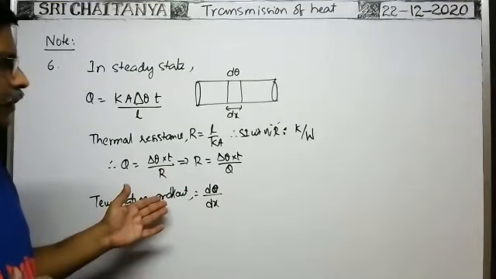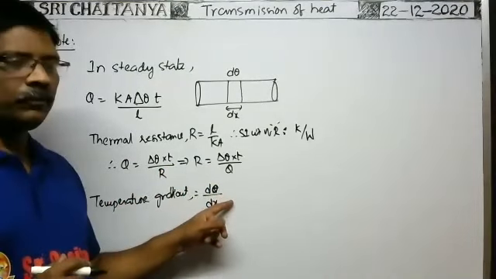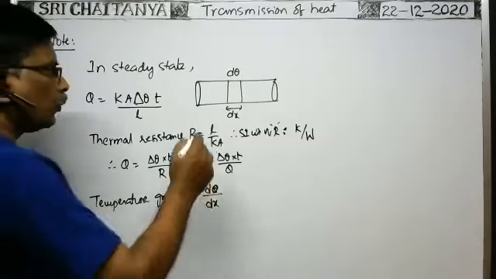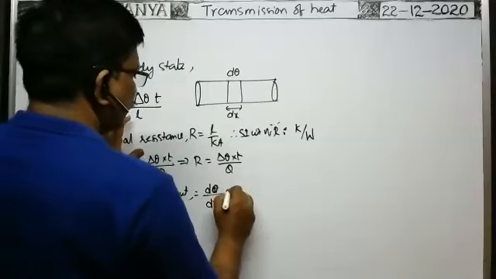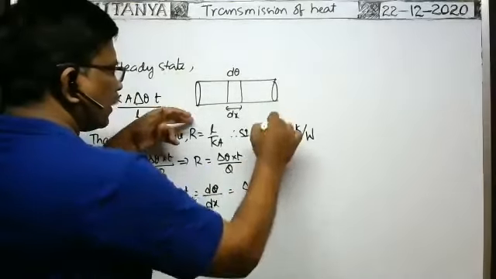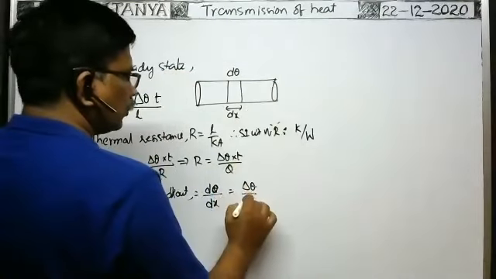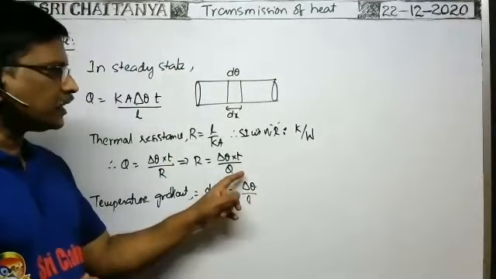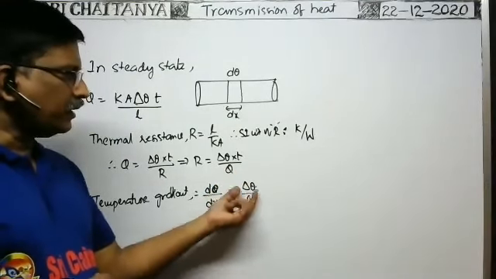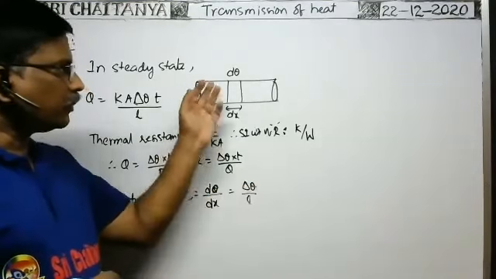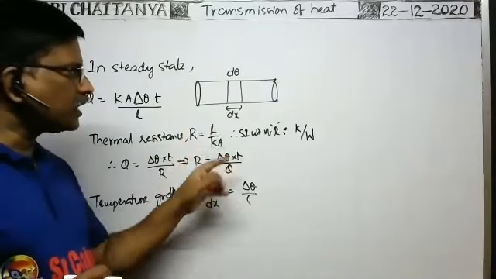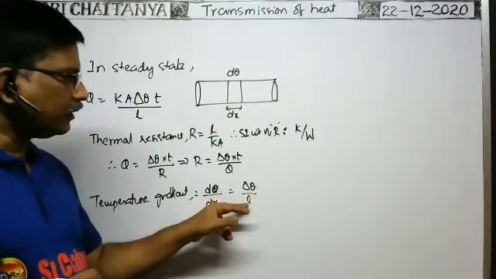What is the SI unit of the temperature gradient? Temperature difference by distance: Kelvin per meter. From the formula, the temperature gradient is delta theta, the temperature difference between the two ends of the rod, divided by L, the distance between them.